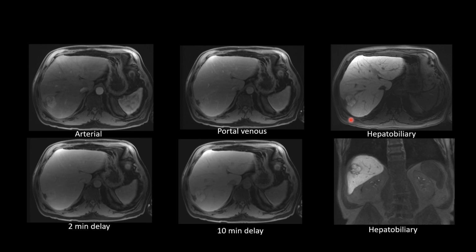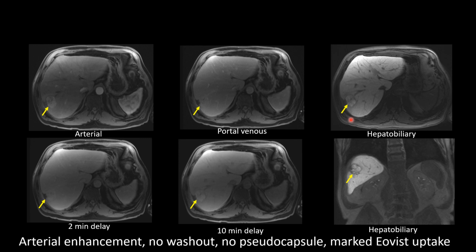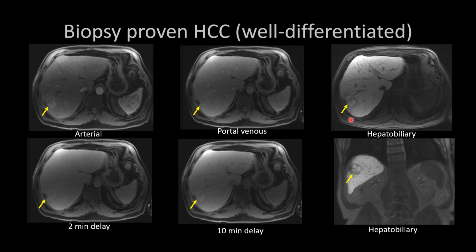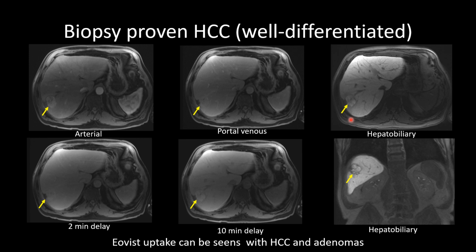There was suspicion for hepatocellular carcinoma in this patient due to underlying risk factors, and this mass was biopsied and found to be a well-differentiated hepatocellular carcinoma. Eovist uptake can be seen in HCCs and adenomas.